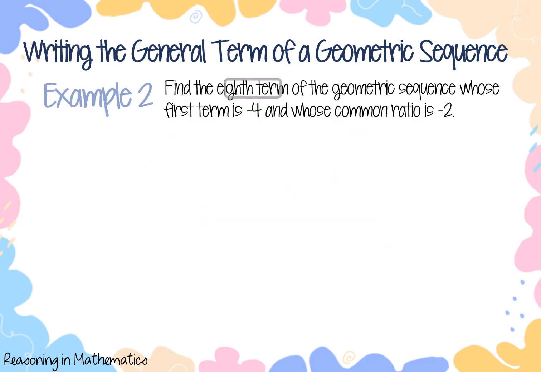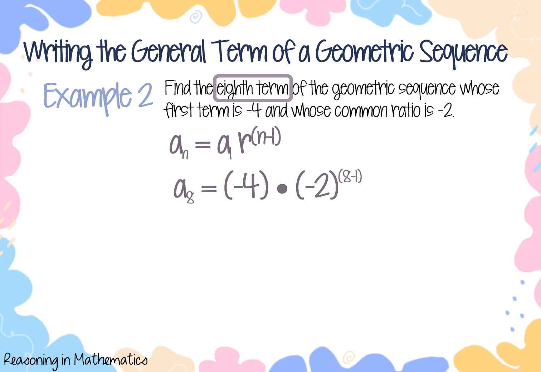Example 2: find the 8th term of the geometric sequence whose first term is -4 and whose common ratio is -2. So there's our formula, and we need to plug in our values. We're doing the 8th term, so a sub 8. Our first term is -4, and we're multiplying by the common ratio.